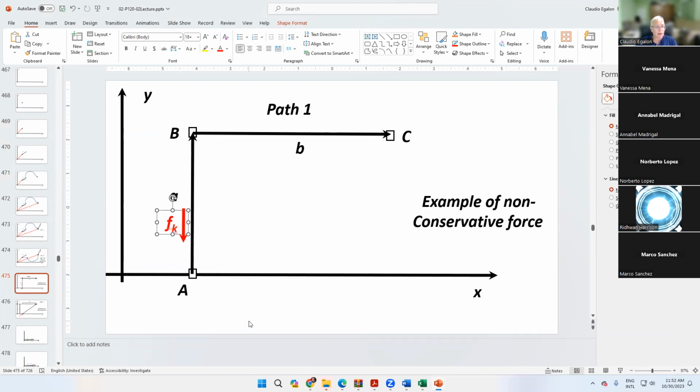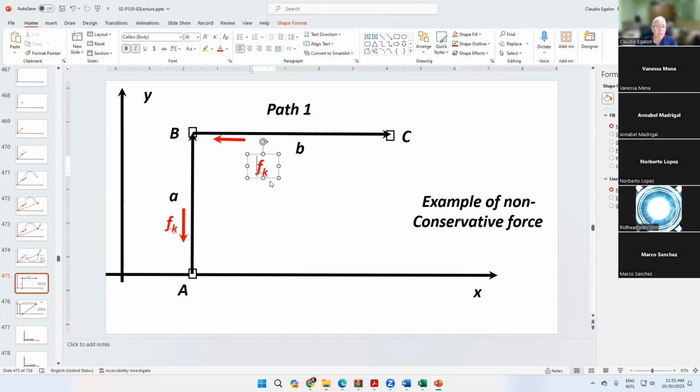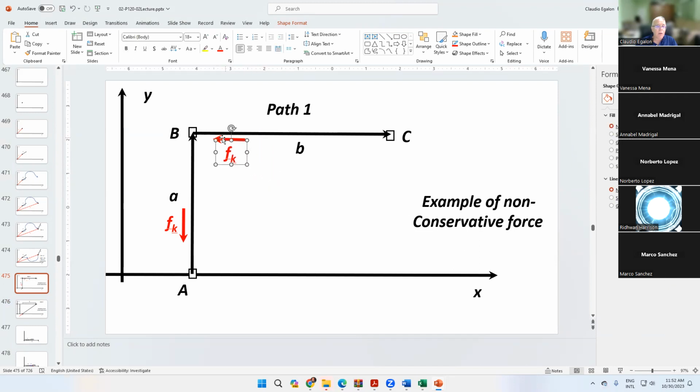It's going to have this direction along the vertical path, the y direction, and then a different direction along the horizontal direction. The magnitude should be the same.